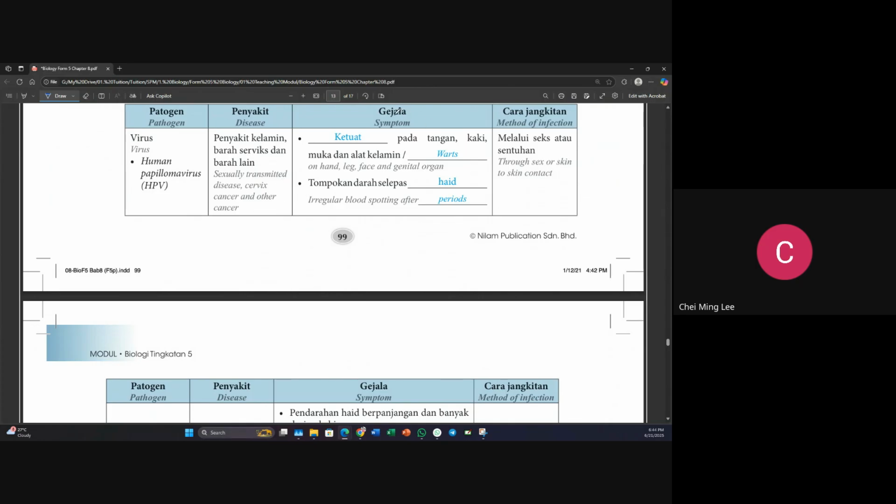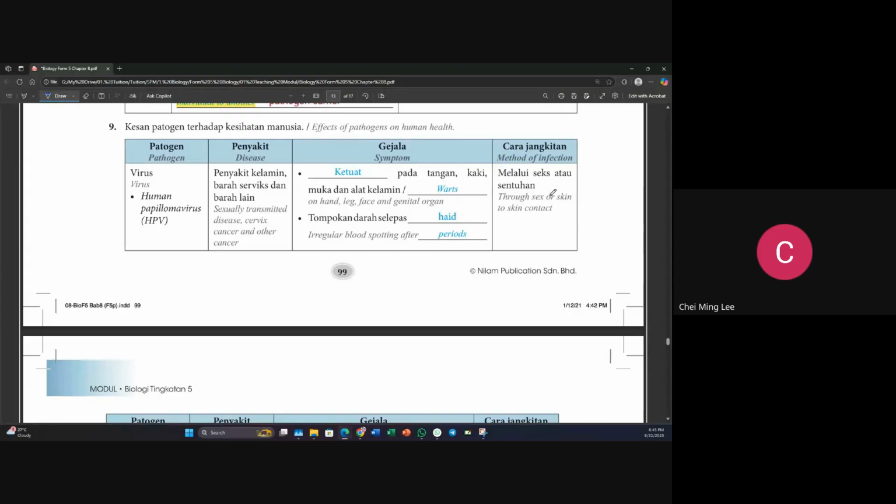Normally the symptoms are warts on the hand, leg, face, and genital organs, and irregular blood spotting after the period. The infection is through sex or skin-to-skin contact. Normally you will see a very big red dot, like inflammation.